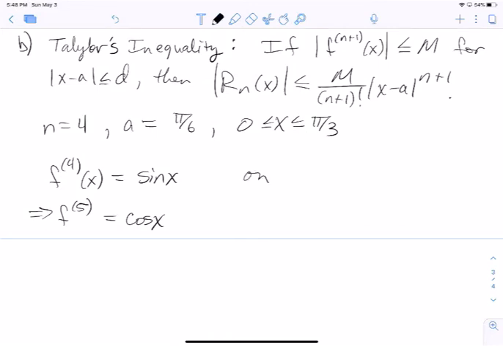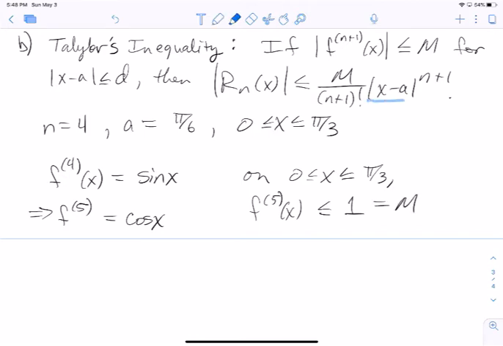On the interval x going from 0 to pi over 3, the fifth derivative is less than or equal to 1. We have a maximum value for the cosine function of 1. Therefore, we're going to use 1 as our m.